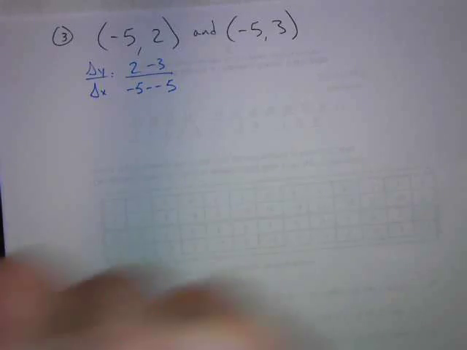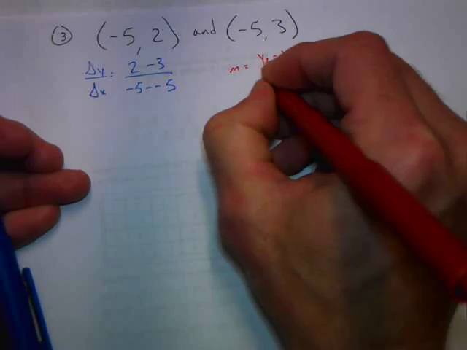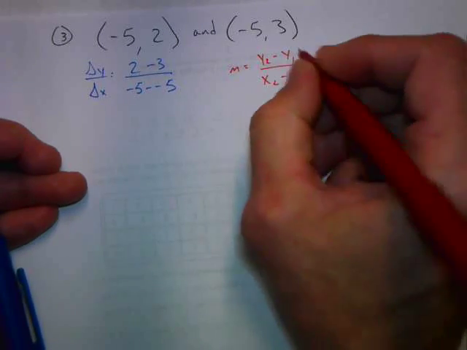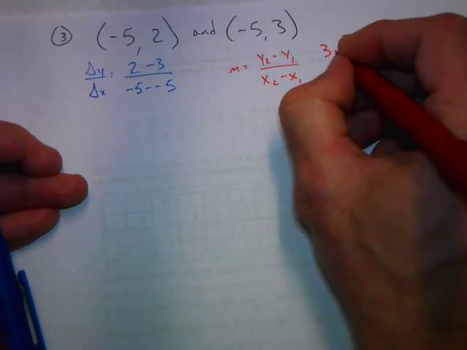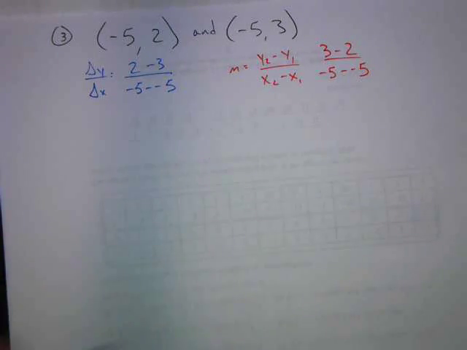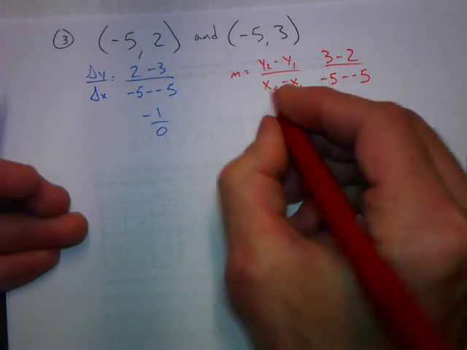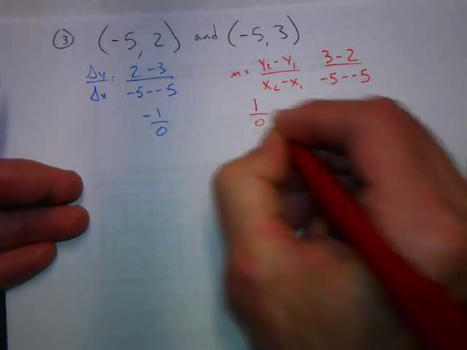Or you can use the slope formula. And you'll find out it doesn't matter which way you do it as long as you're doing it correctly. So if you work from left to right, you end up with -1 over 0. If you use the slope formula, you end up with +1 over 0.